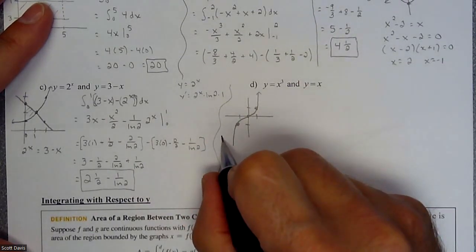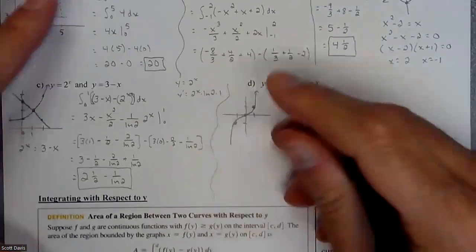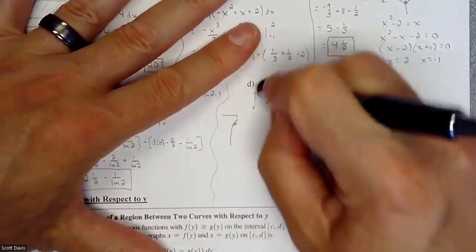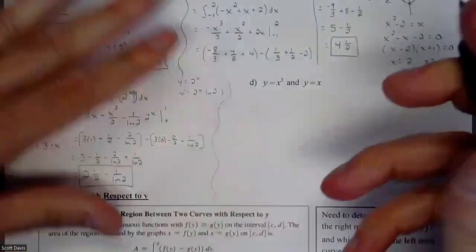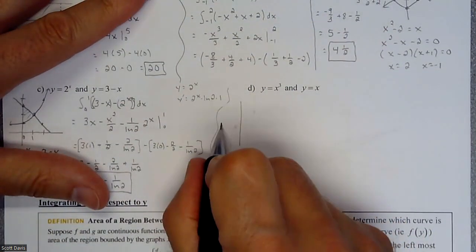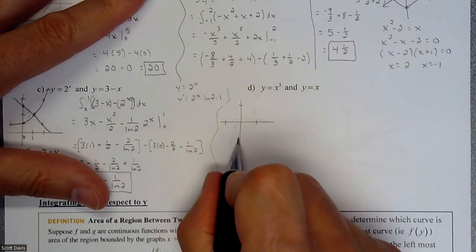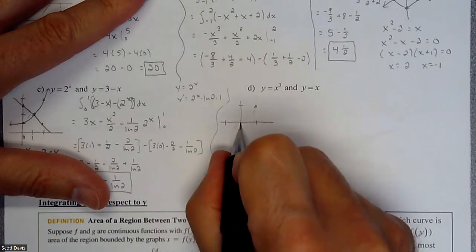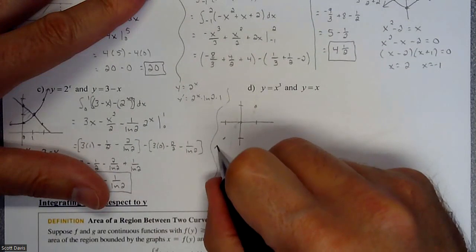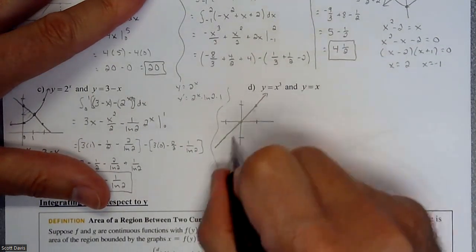But then the linear, zoom this in a little bit. The linear looks like this.